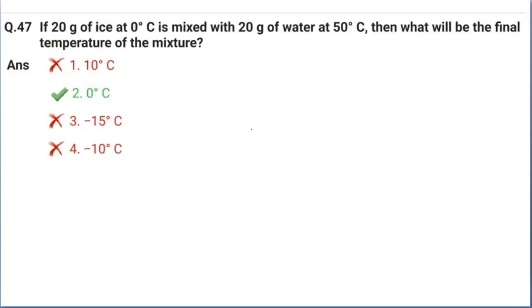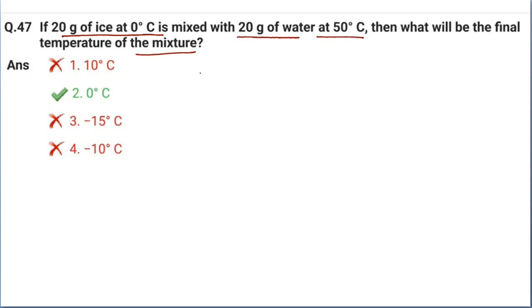Then question number 47. If 20 gram of ice at 0 degrees Celsius is mixed with 20 gram of water at 50 degrees Celsius, then what will be the final temperature of the mixture?